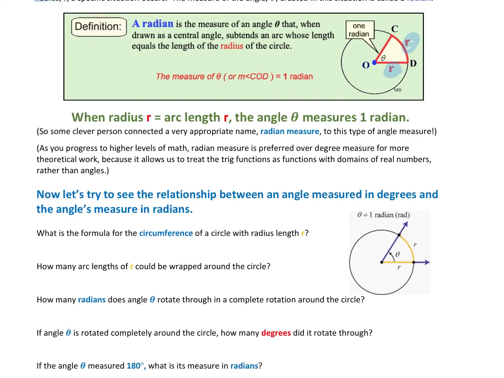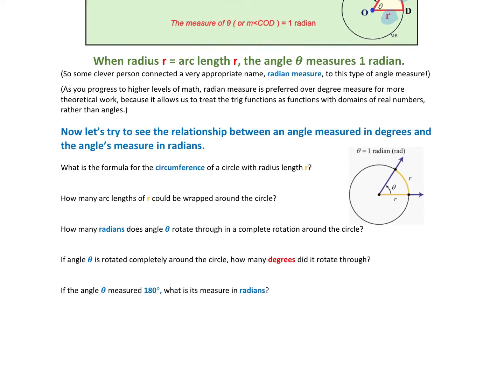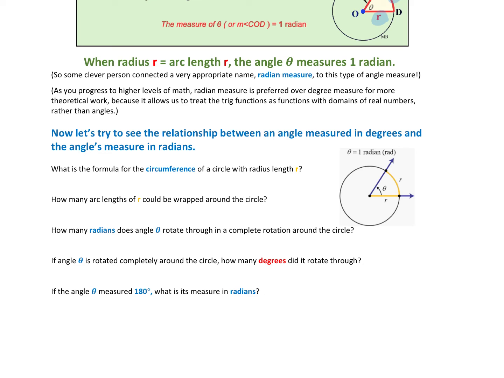So probably in middle school somewhere you did learn the formula for the circumference of a circle. In case you forgot it, I will refresh your memory. It's circumference equals 2 times pi times r. So 2 pi r. It's not 2 pi r squared, because a lot of people think that they combine area and circumference. It's just 2 pi r.